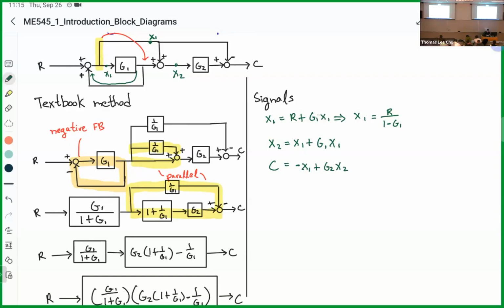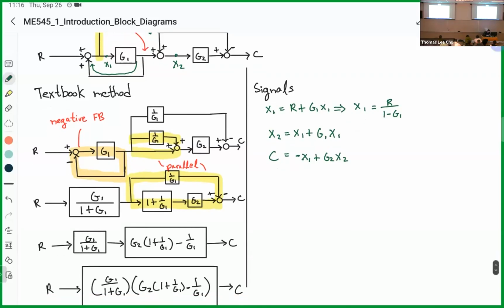So we have three equations and two unknowns, and we can start subbing in X1 into all of these. So let's first solve for X2.